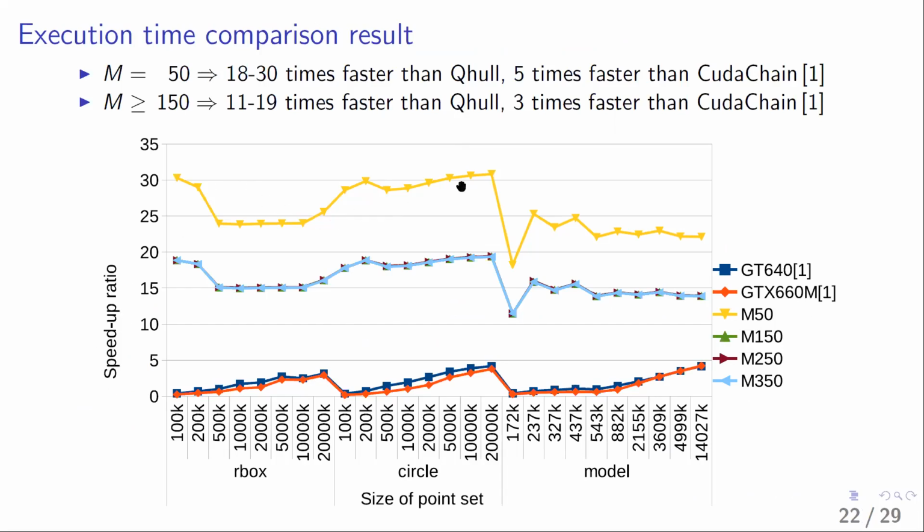When M was 50, it was 18 to 30 times faster than Qhull and 5 times faster than CUDA chain. Also, when M was 150 or more, it was 11 to 19 times faster than Qhull and 3 times faster than CUDA chain.